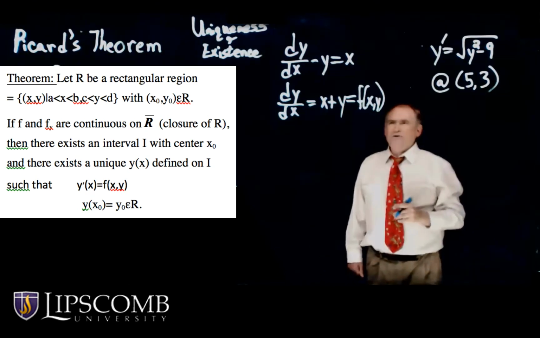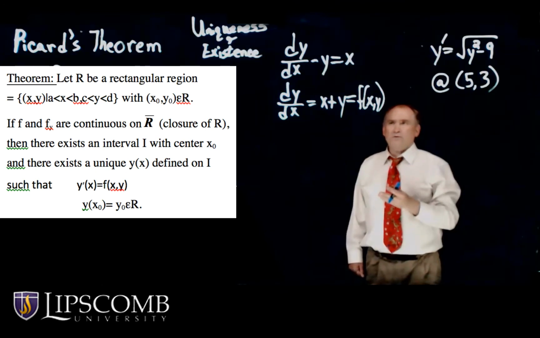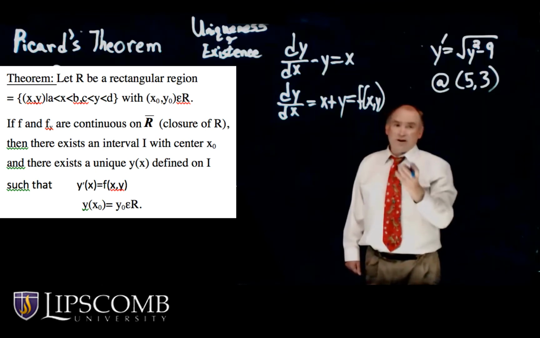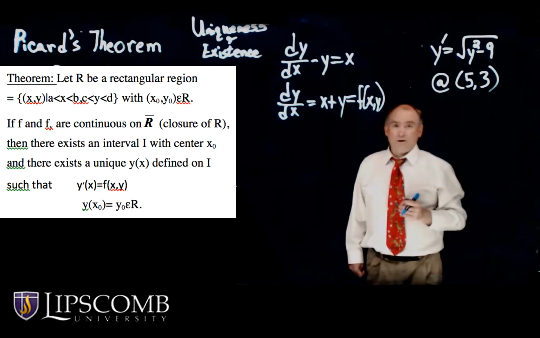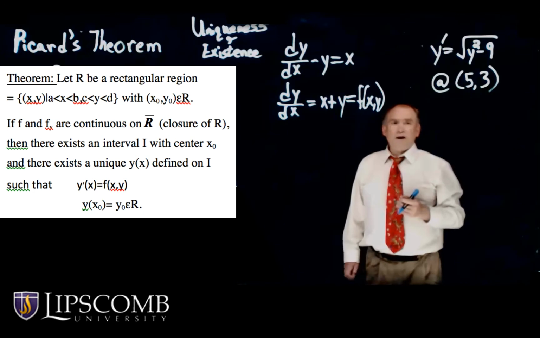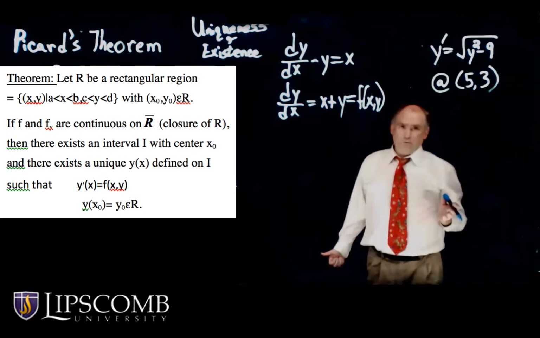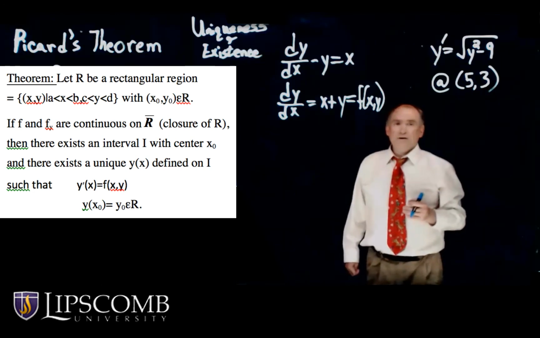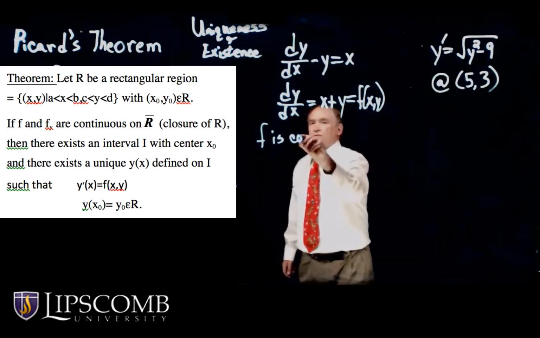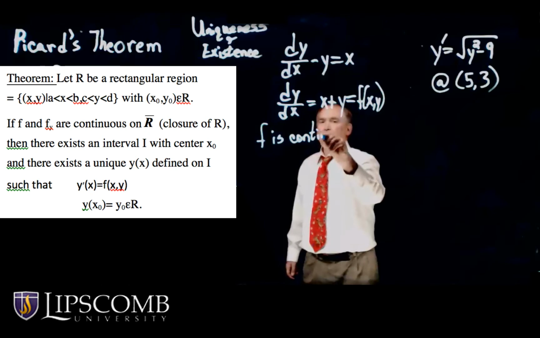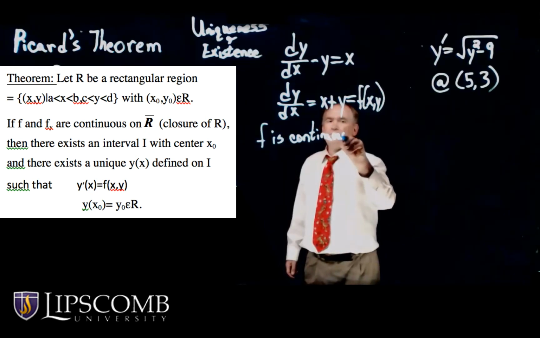Well, I notice that x plus y is a polynomial in x, and then I've got a polynomial in y. Polynomials are continuous everywhere. So f of (x, y) is continuous everywhere on the plane. So f is continuous everywhere.